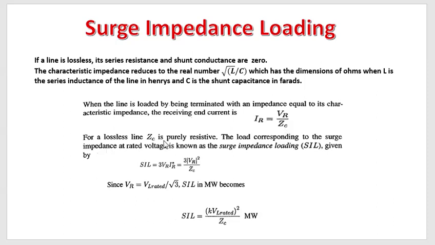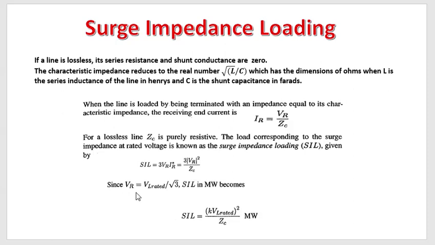Now, for a lossless line, ZC is purely resistive, and the load corresponding to the surge impedance at rated voltage is known as surge impedance loading, which is abbreviated as SIL, and mathematically it is given as SIL is equal to 3 VR into IR, or 3 times the magnitude of receiving end voltage squared divided by ZC, the characteristic impedance.